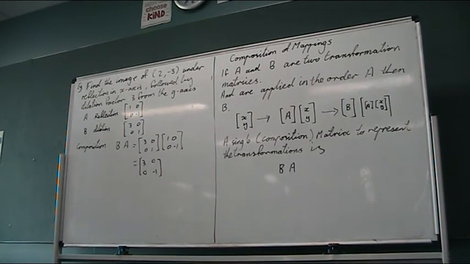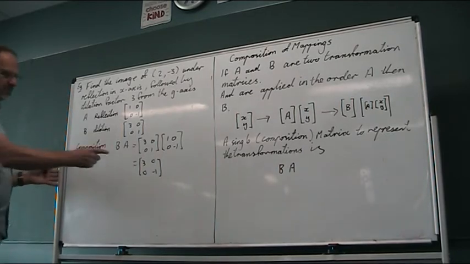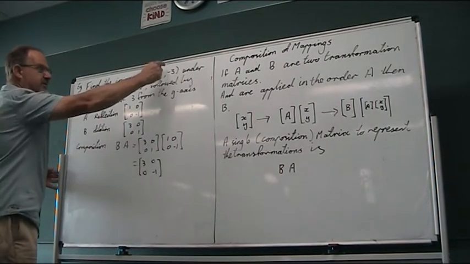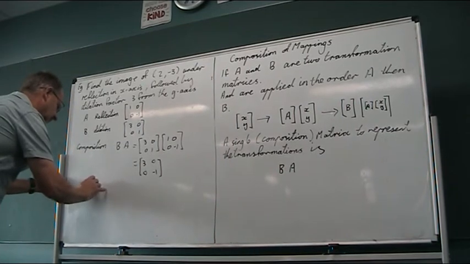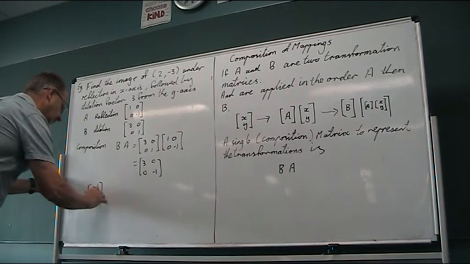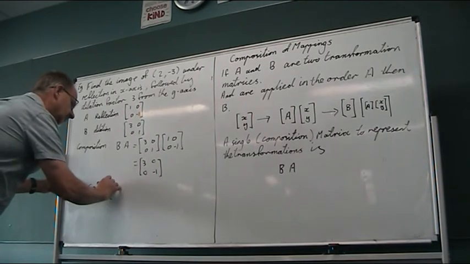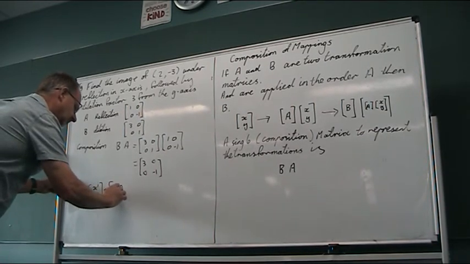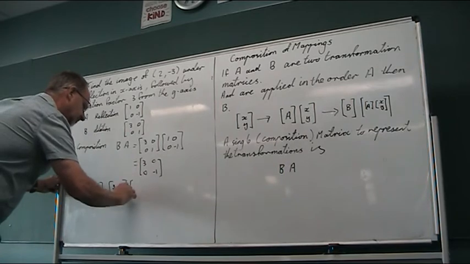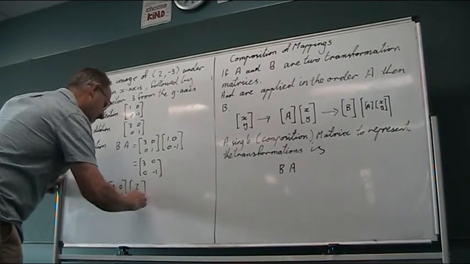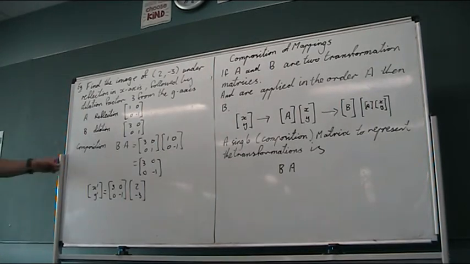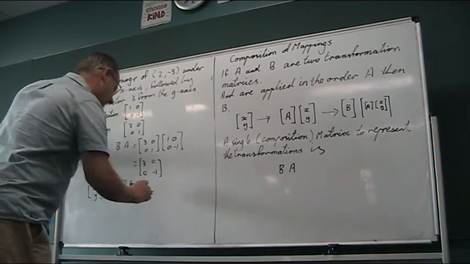So if I now want to know what my image is, I now multiply my composition matrix by my point. Points to negative 3. I'll do that down here.